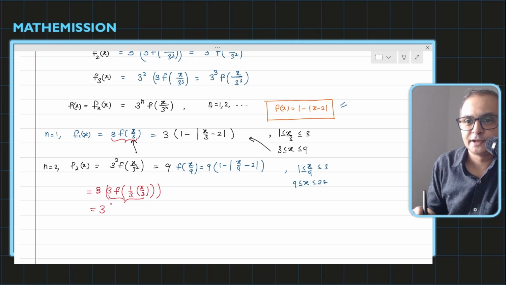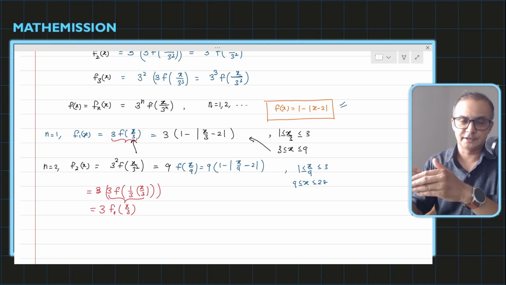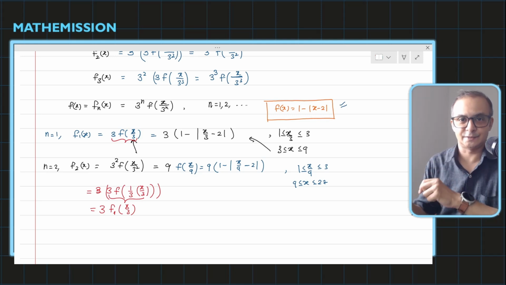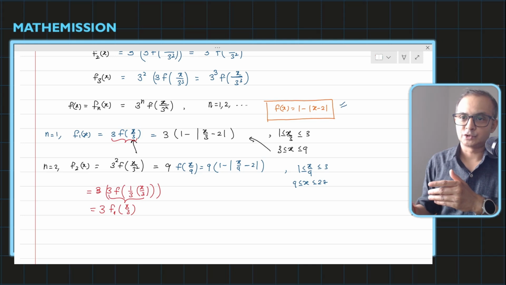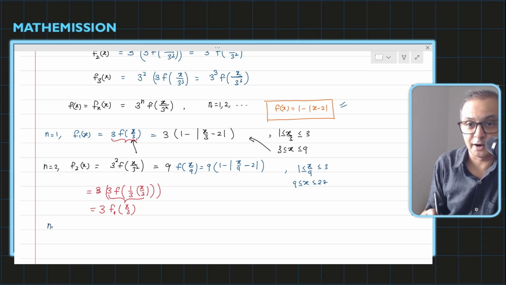It means that to find f2, you are writing 3 times f1 of x by 3. So every next function you are building is thrice of the previous function at x by 3. It means 1/3 of the previous value.